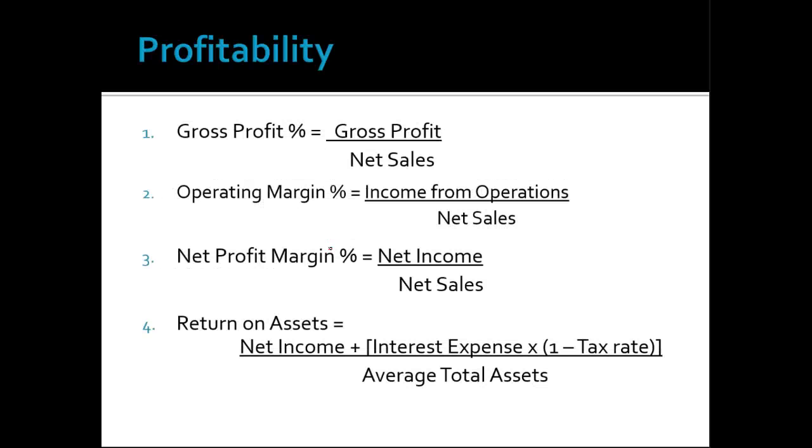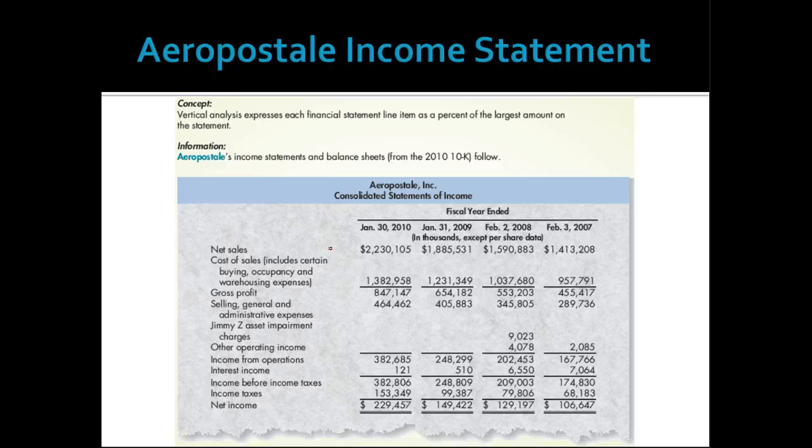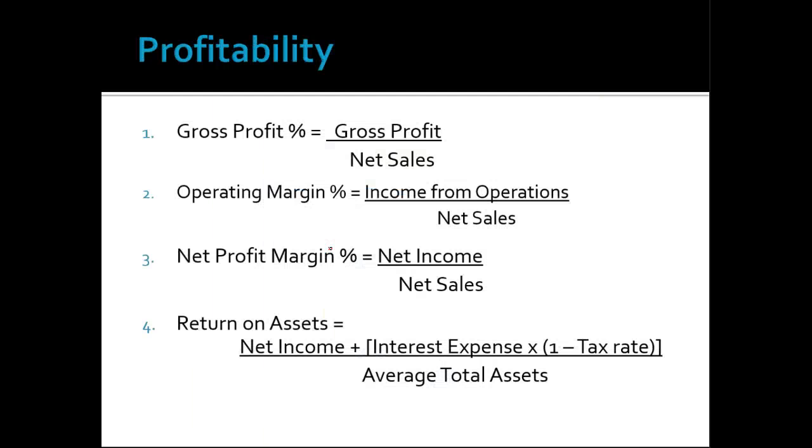Exactly. Now, there are a few other ratios that we can look at when it comes to profitability. There's something called return on assets, or ROA. It's a little bit more complicated. We take net income, and then we add interest expense multiplied by 1 minus the tax rate. Why do we do that?